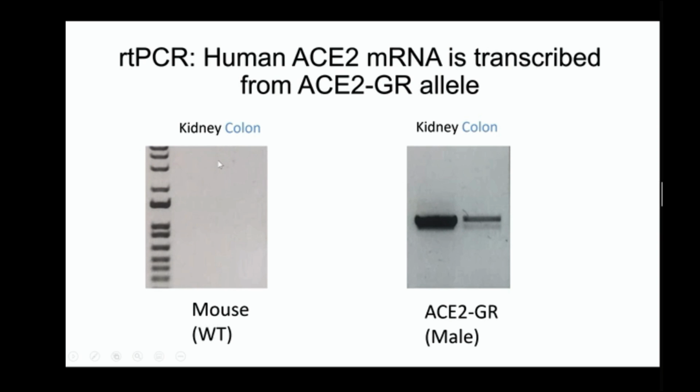So with the RNA analysis, we have human transcription assays. You can see that the mouse ACE2 is not detected, but we see strong expression in the kidney and in the colon. And as illustration of the fact that this is not a cDNA but a full gene, you can see that there's actually two different forms of this region of the gene that we're assaying that you can pick up in the colon sample.